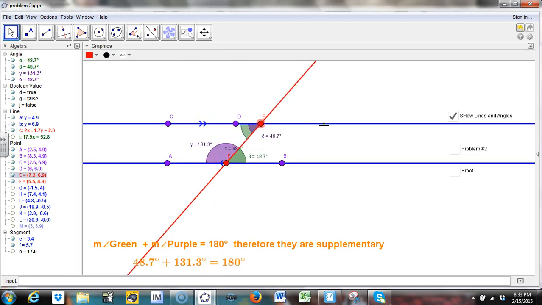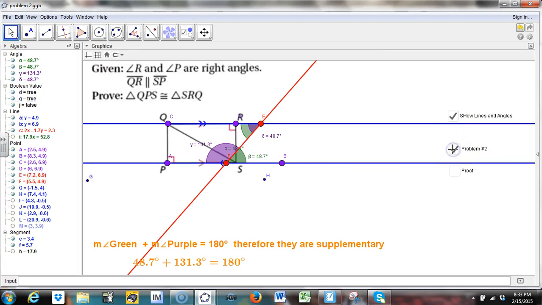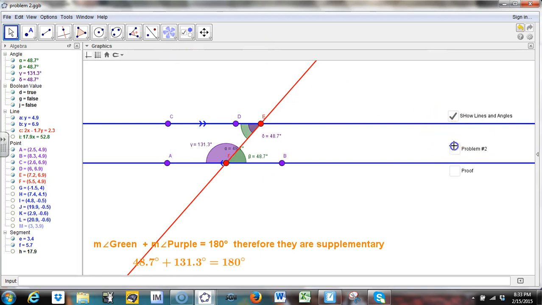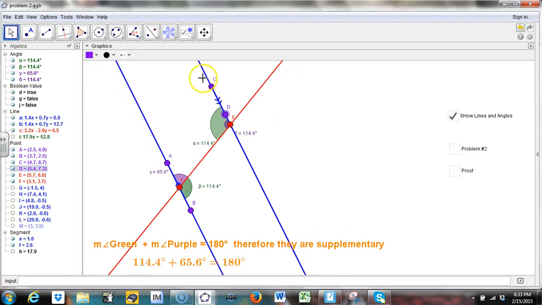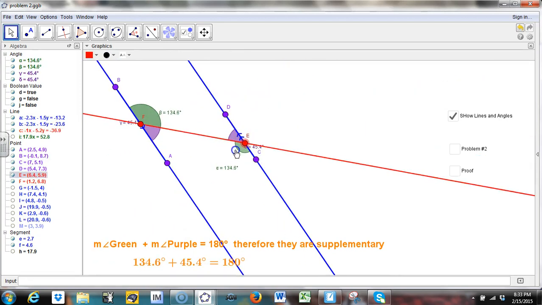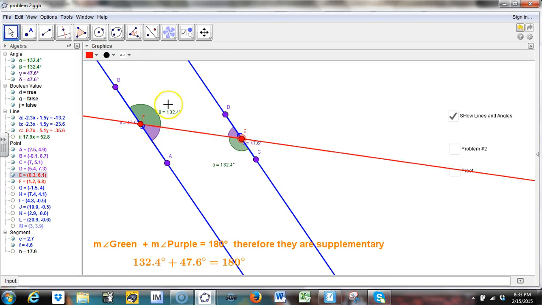Let's move this around a little bit more, just to show that as long as we have parallel lines, these alternate interior angles are going to be equal, 132.4 degrees to 132.4 degrees. The purple angle is supplementary to the green one, right? Because they add up to 180, they're a linear pair. So that is 47.6 degrees, and so is this other purple one, this other alternate interior.